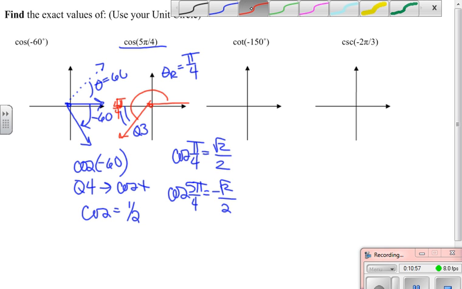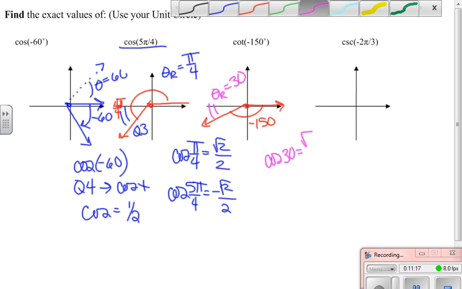Negative 150, where is that angle? That angle is right here. What is its reference angle? Its reference angle is 30. So what's the cosine of 30?